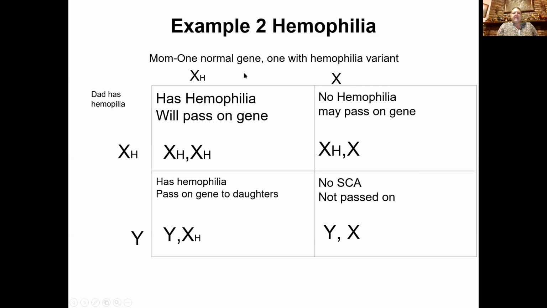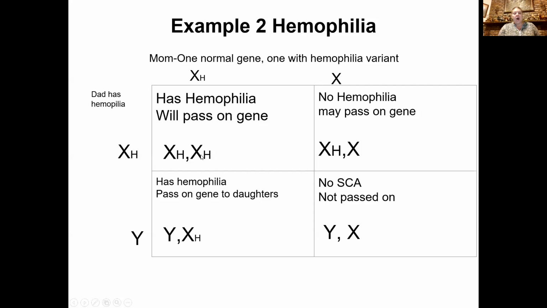So this particular example, same thing. Mom has the gene for hemophilia and a normal gene, the normal one here. Dad has hemophilia, so his X gene has that variant for hemophilia. So he has the X here and the Y here.